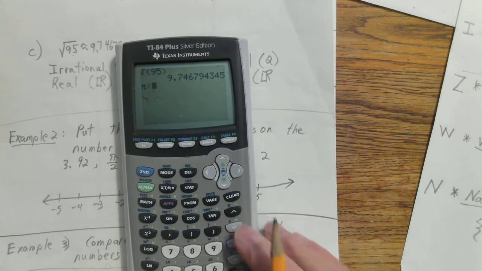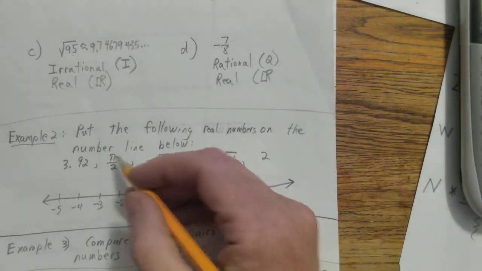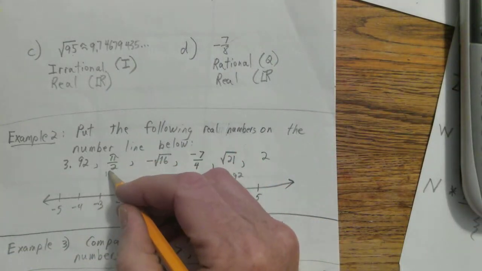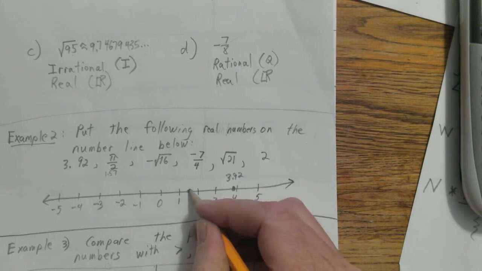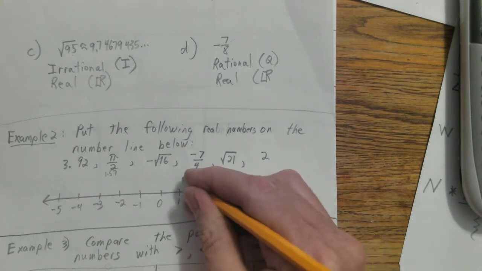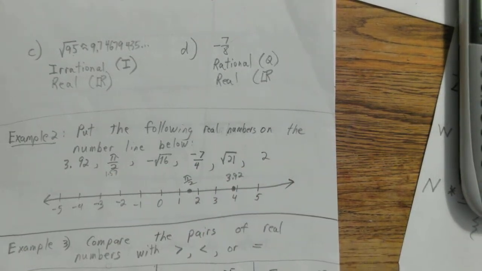If I divide that by 2, 1.57. So this is approximately 1.57. So that's about halfway between 1 and 2. So I'm going to put, in the form it was written, pi over 2. I'm not going to write 1.57. I'm going to write pi over 2.